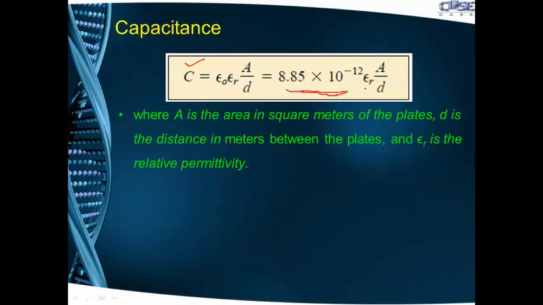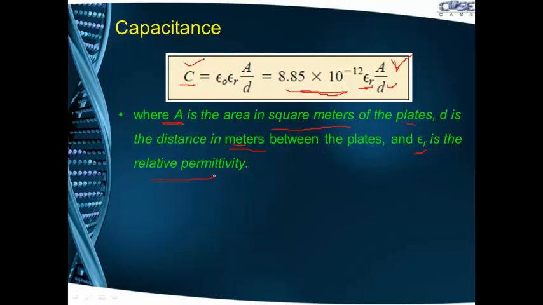So for any material that we have seen in the table, having a relative permittivity, if inserted, that will determine the value of capacitance for given capacitor dimensions with area and separation. Where A is the area in square meters of the plates, D is the distance between plates in meters, and epsilon r is the relative permittivity.